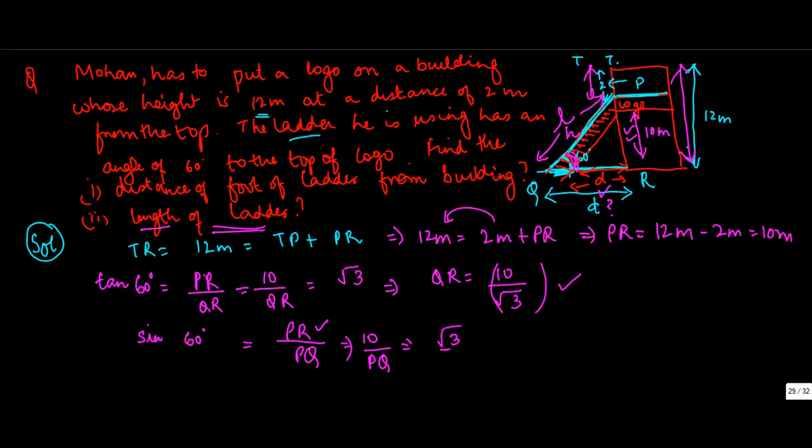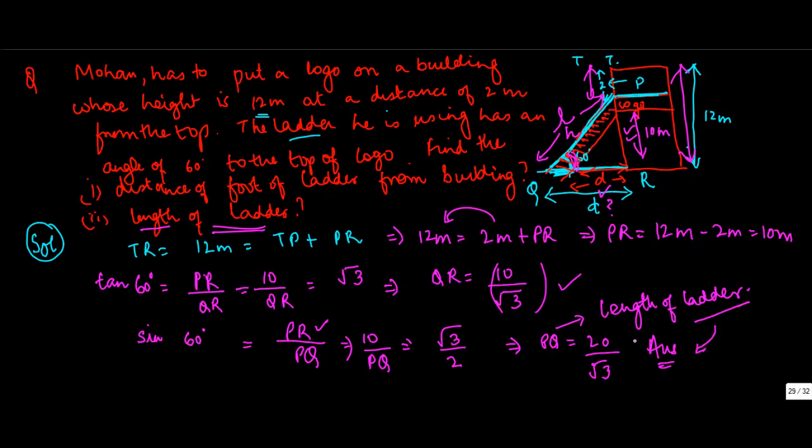Sine 60 degree is root 3 upon 2. Which implies that PQ is equal to 2 into 10, which gives you 20, divided by root 3. So PQ, the length of the ladder, is equal to 20 divided by root 3. So that's how you apply trigonometric ratios to arrive at various solutions.